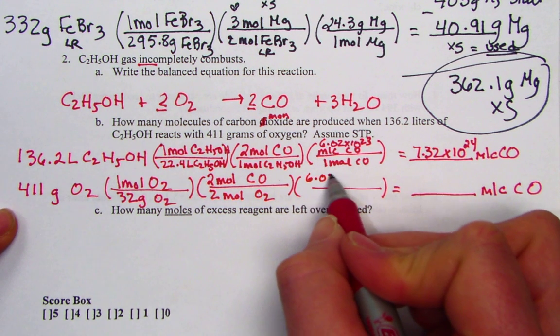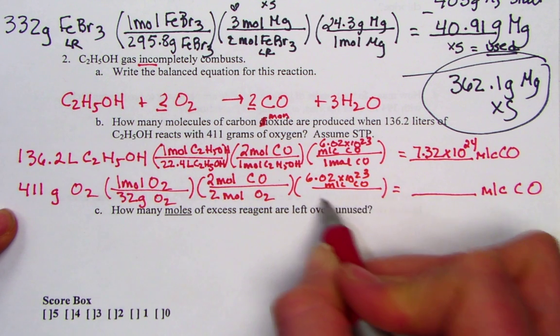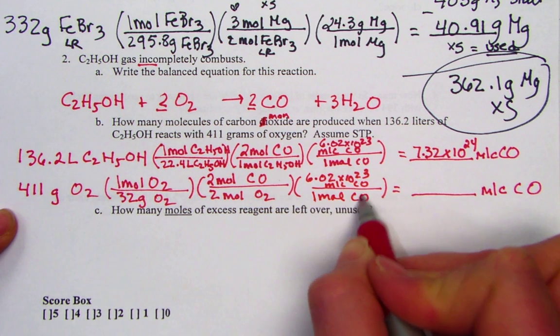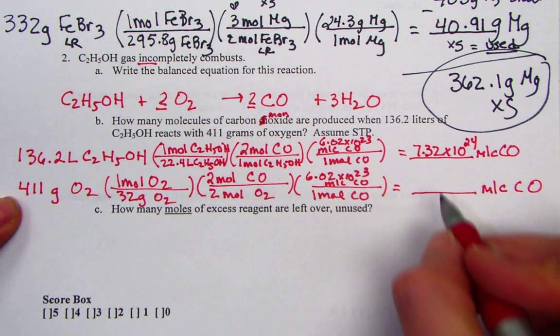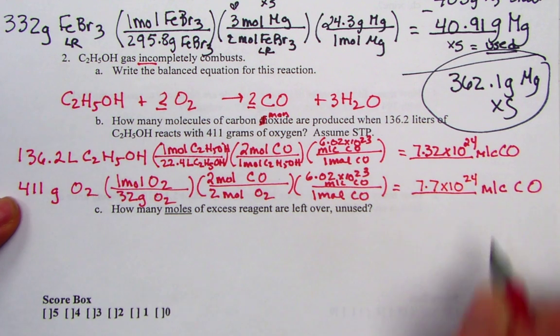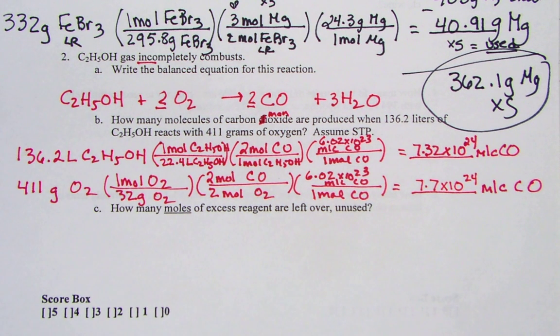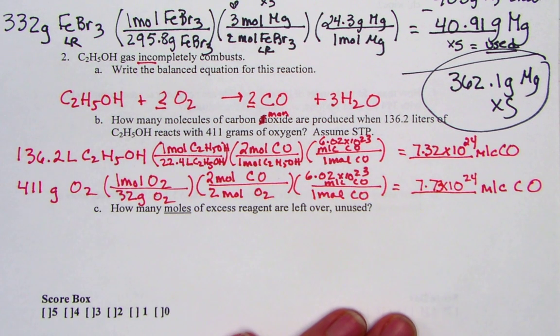We're still counting, so 6.02 times 10 to the 23rd molecules of carbon monoxide in every 1 mole of carbon monoxide. So here we'll take 411, divide by 32, multiply by Avogadro, and this answer gives me 7.7 times 10 to the 24th molecules of CO. 7.73 if I carry another decimal.